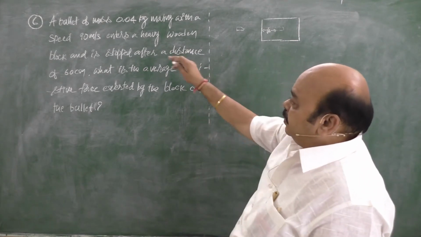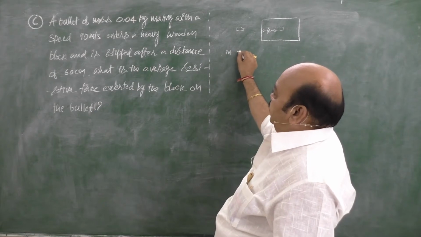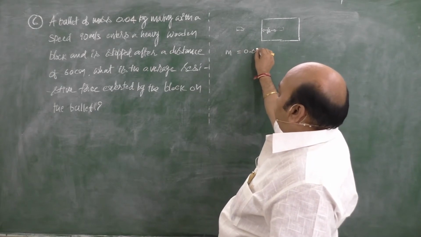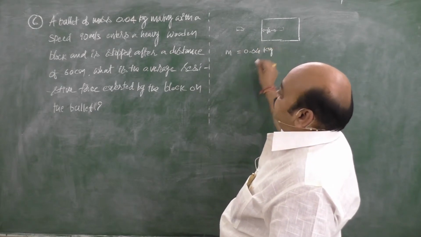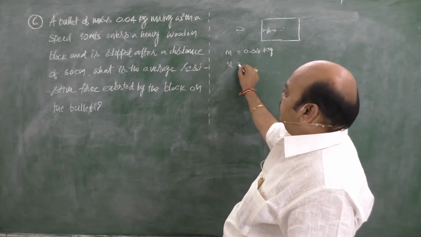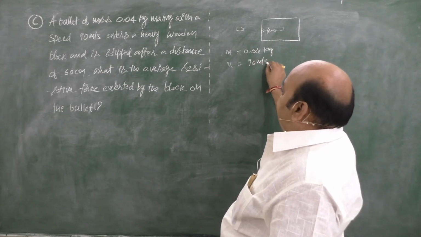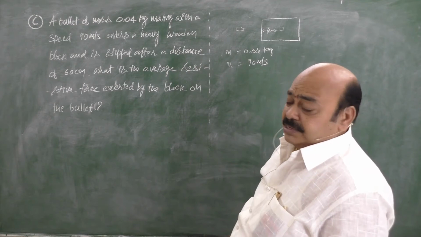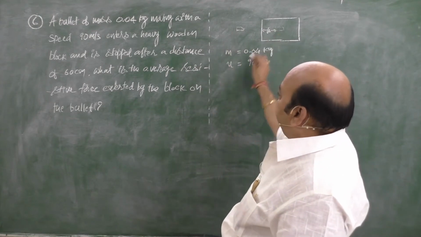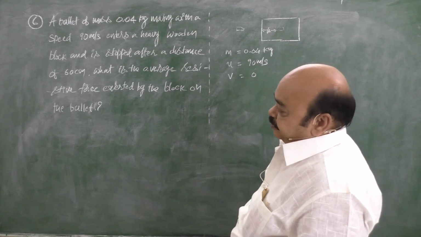Having the data, the bullet of mass m is given as 0.04 kg. With what velocity is it moving? We have to consider this as the initial velocity. It is 90 meter per second. Then what would be the final velocity? It comes to a stop, which means the final velocity is equal to 0.